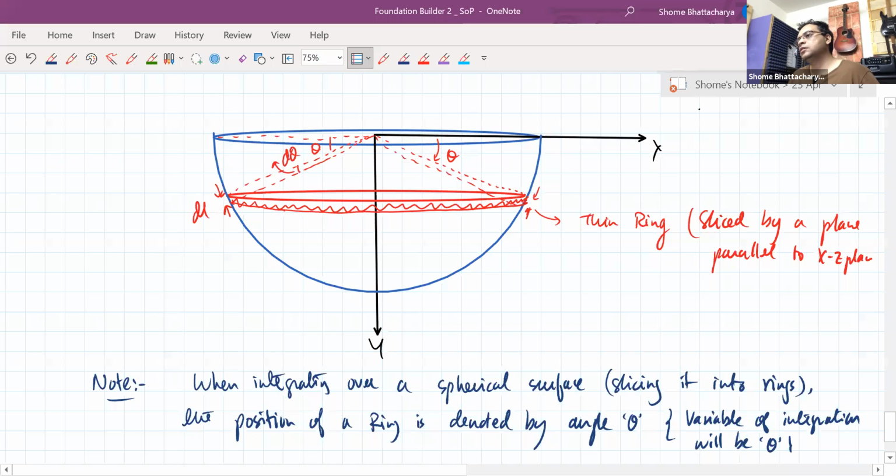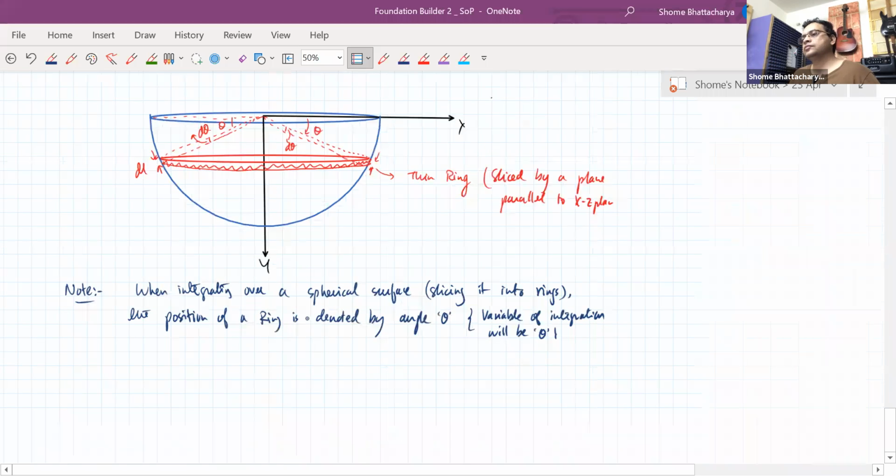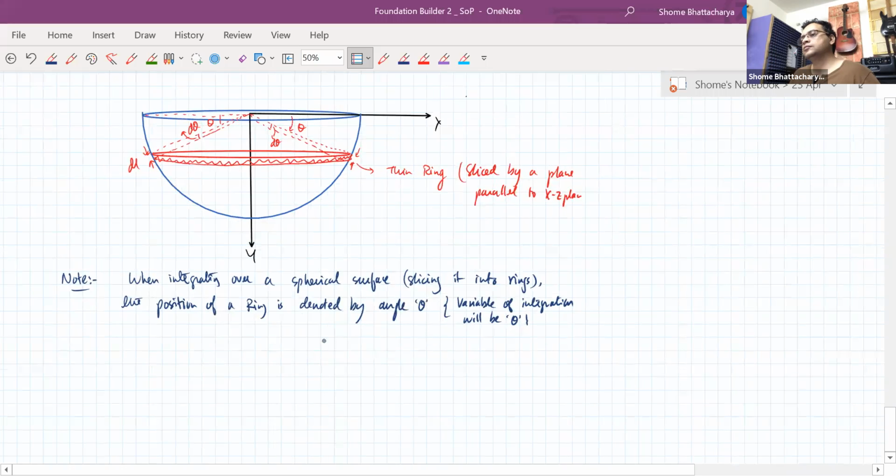See here, the thickness of the ring is like a ribbon which is wrapped around the hemisphere. So that ribbon is itself, the thickness of that ribbon is subtending a small angle d theta. So that is why the thickness of such a ring is taken as r d theta.